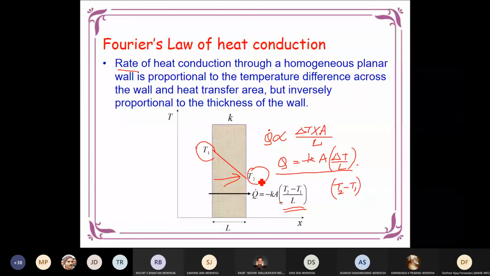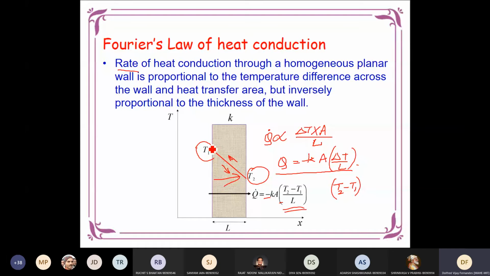Slope can be positive or negative, but gradient is always in the increasing direction. So the temperature gradient is in this direction, and that is why the heat flows opposite to the gradient. We use the negative sign in order to make this quantity positive. That's all.